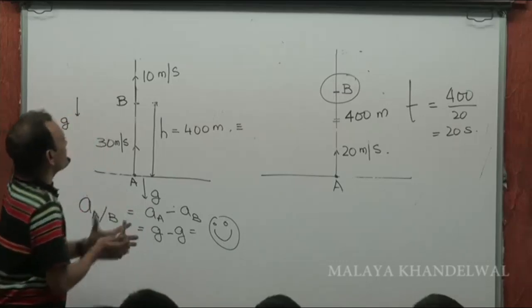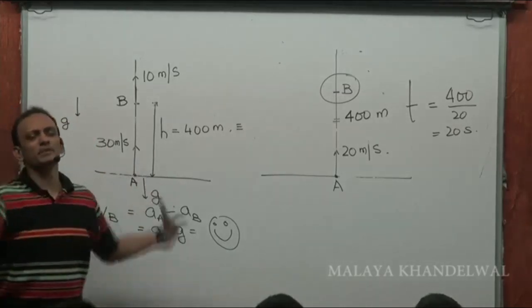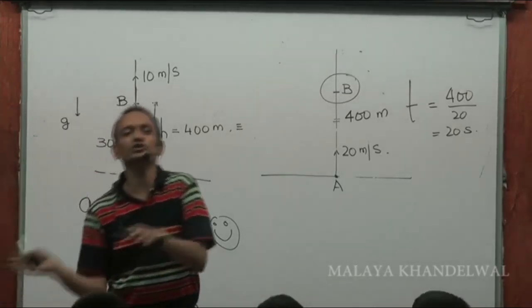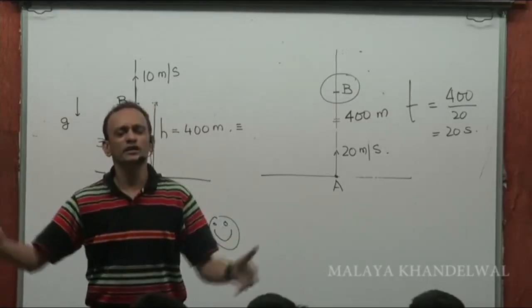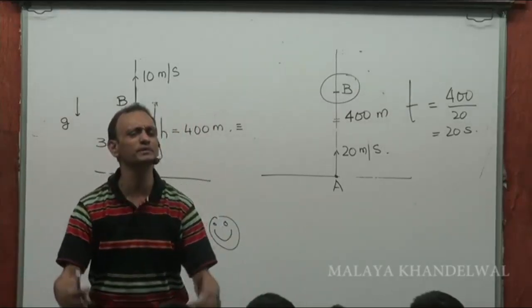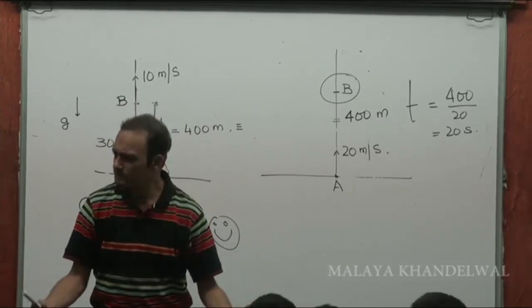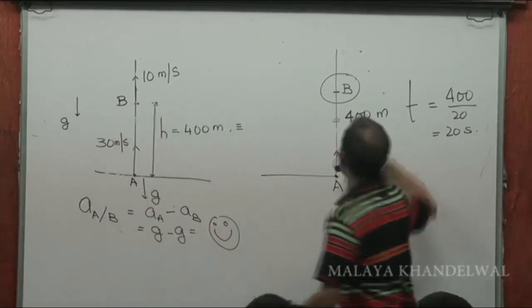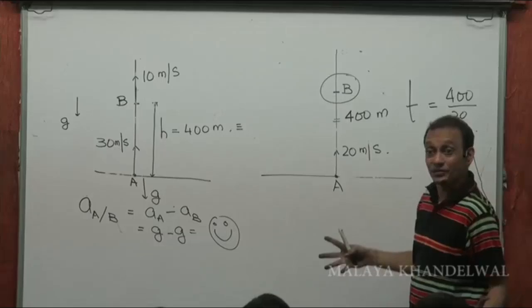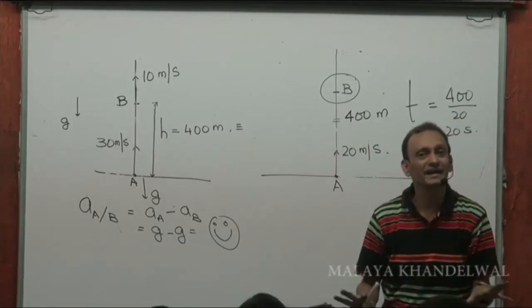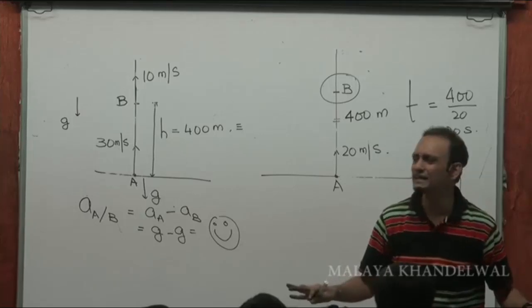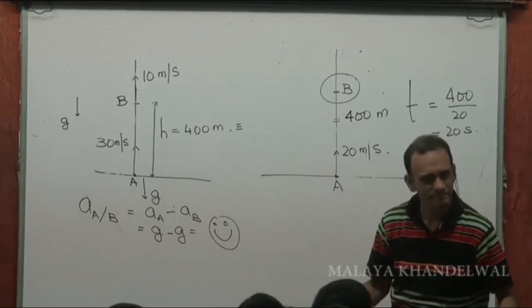When all that matters to me is, let's say, the relative separation between A and B, then reducing the problem to this equivalent state comes in very handy. It makes the whole situation very simple and versatile. Right? And then you don't have to apply S equal to ut plus half at squared, etc., and create ugliness in the expression. Right?